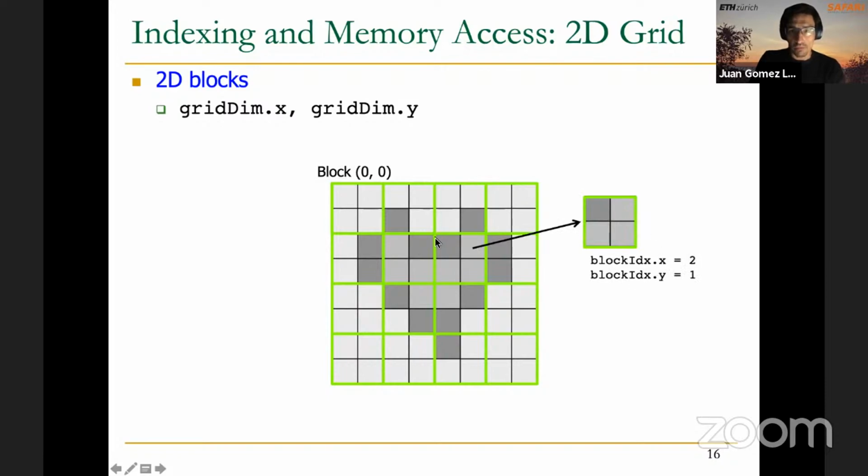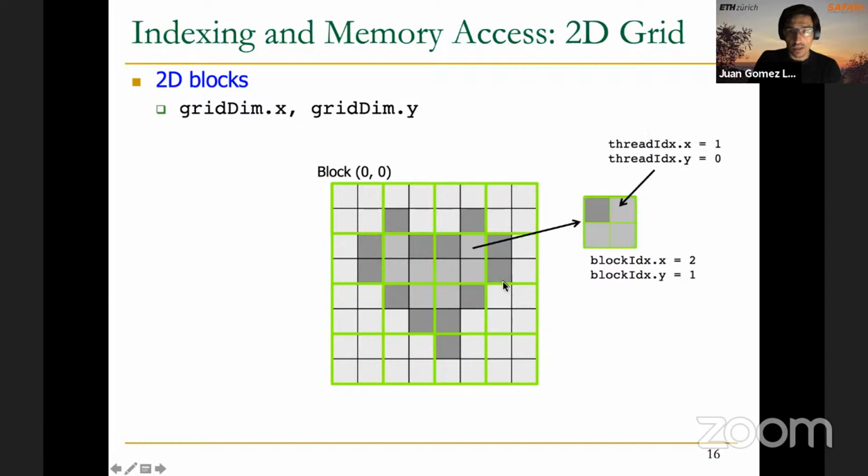And this particular block that we assign here for the computation of these 4 pixels, notice that what we are doing is partitioning the whole image into different squares or different tiles that are each of them assigned to a different thread block, right? So this is assigned to thread block 0, 0.